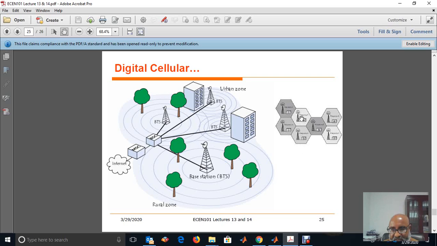So when the mobile phone becomes far away from the base station, the received signal will be smaller and smaller. So the distance between the base station and the mobile phone determines the amount of received power, or the quality of communication between the two.